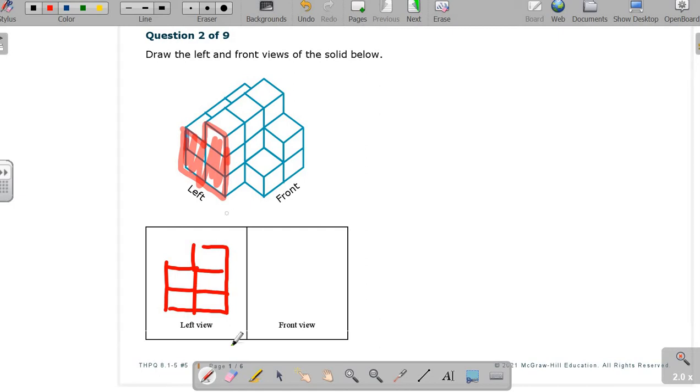That's your left. From a front view, coming this way, again, on a flat surface, this would be 1, 2, 3, 1, 2, 3, 1, 2, 3. So you view it as if it was flat. This is called orthogonal drawing. That would be the front view.